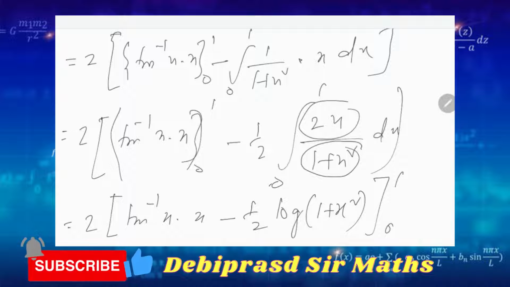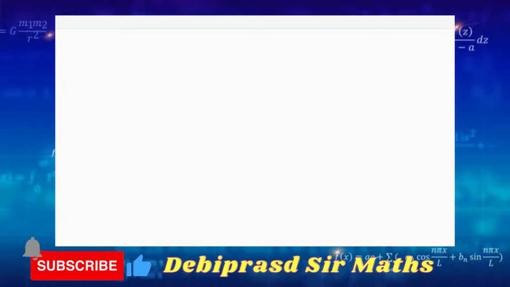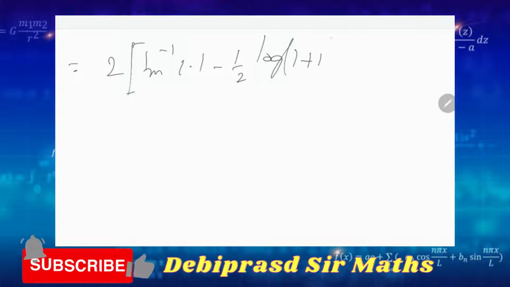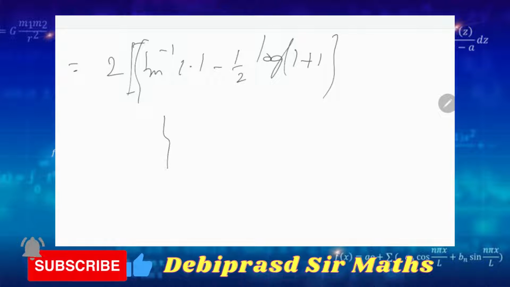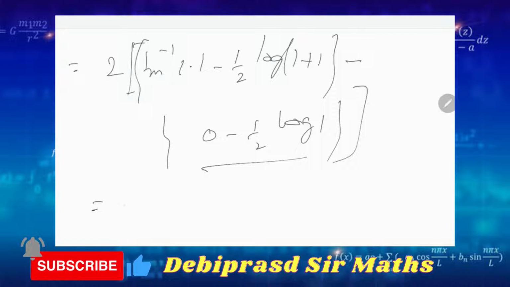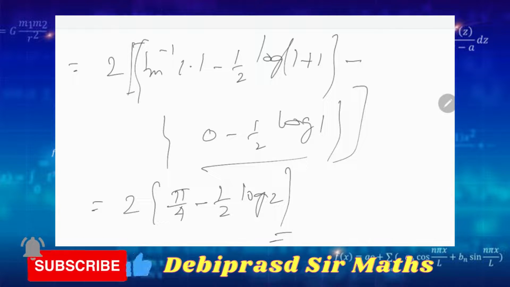Now we will put the values. So what will I get? This is 2, then tan inverse 1 into 1 minus 1 by 2 log of 1 plus 1, then minus 0 minus 1 by 2 log 1, that will be 0. If I simplify, 2 times pi by 4 minus 1 by 2 log 2, then the final step, pi by 2 minus log 2. This is the answer of this sum.